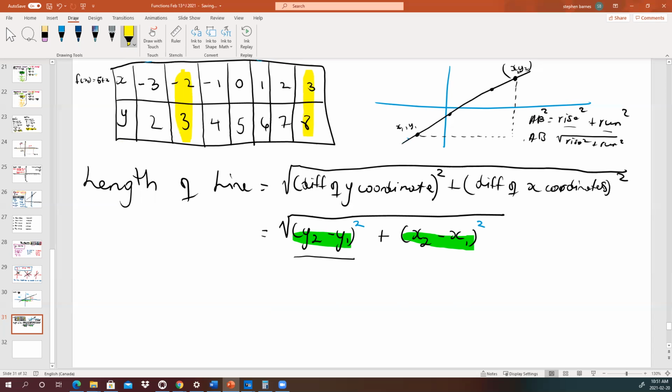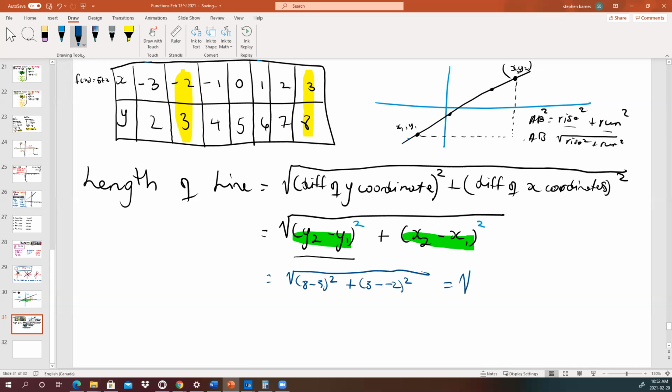So let's work it out. So my y2 would be 8. So I'm under the square root of 8 minus 3, all squared, plus 3 minus 2, all squared.